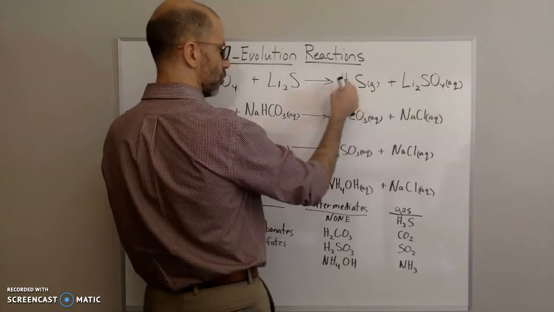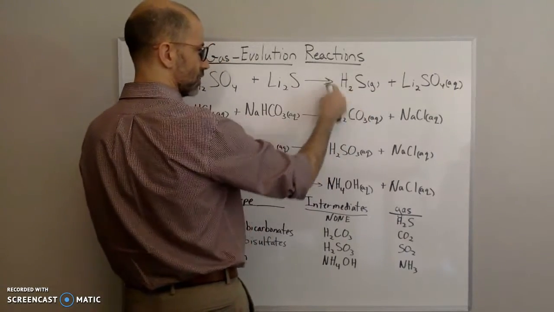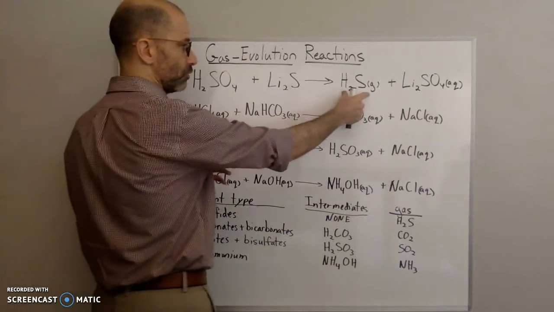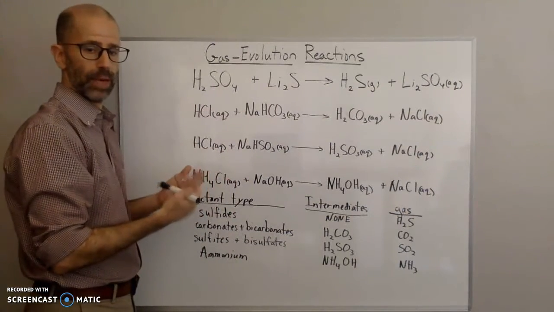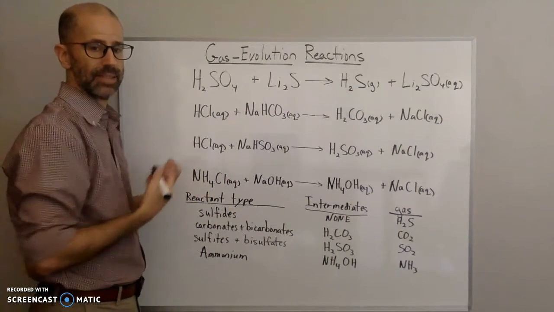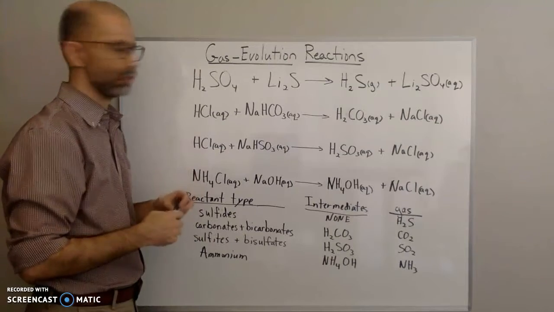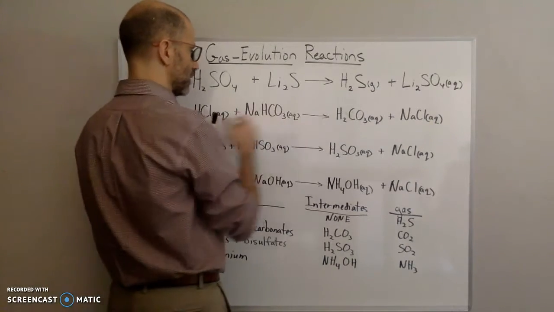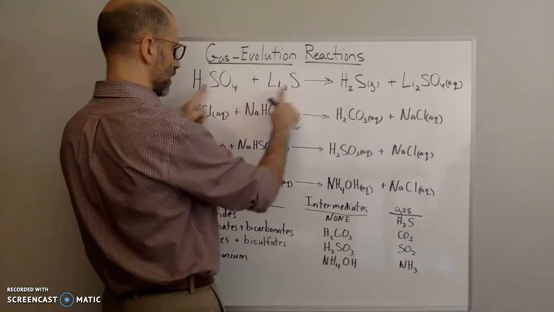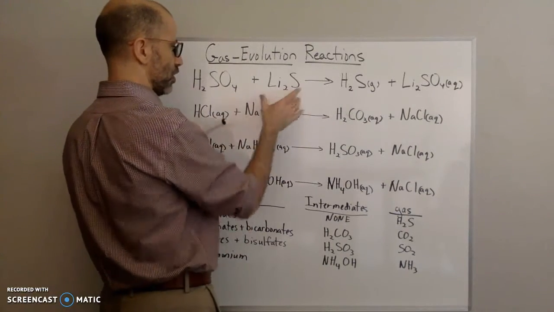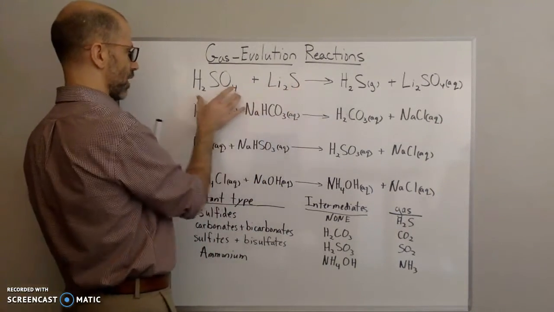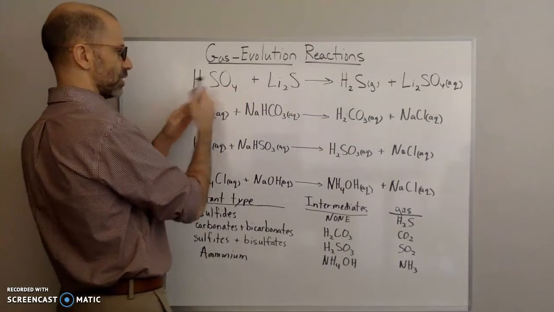This is your gas, and you have to recognize that if you form H2S, that's going to be a gas, and that's a gas evolution reaction. That's an example of where you can do the inside and the outside again, because here you have your ionic substance, you have an acid here, and that's going to break apart.